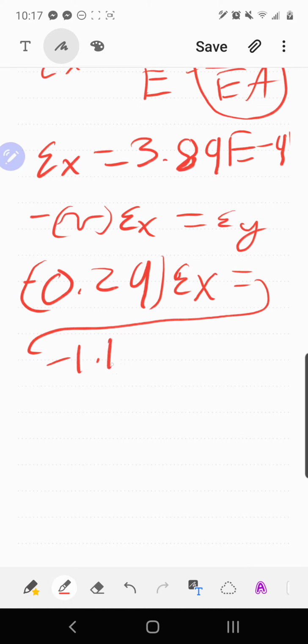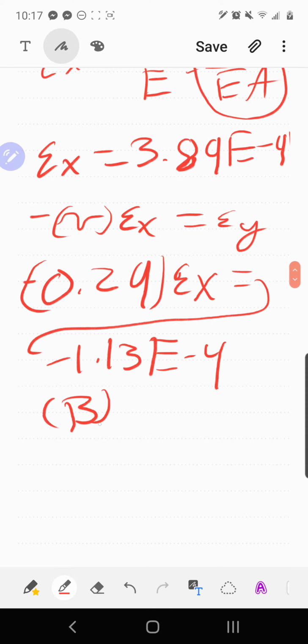Approximately negative 1.13 times 10 to the negative 4. And if we look at our answer choices, the one that is most closely related would be answer choice B, which is negative 1.1 times 10 to the negative 4. And that is how we would solve that problem using Hooke's law and Poisson's ratio.